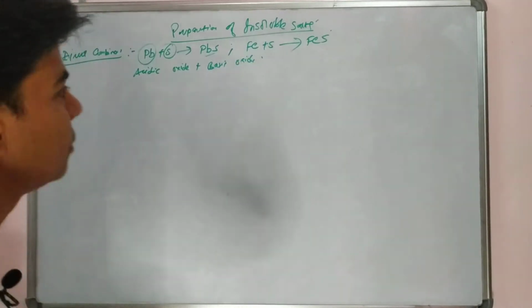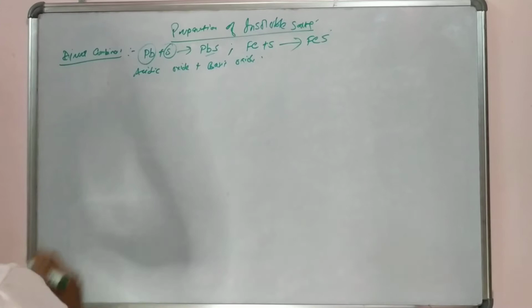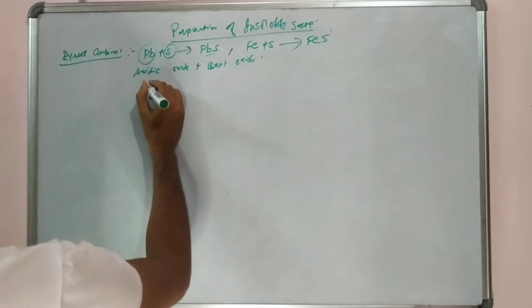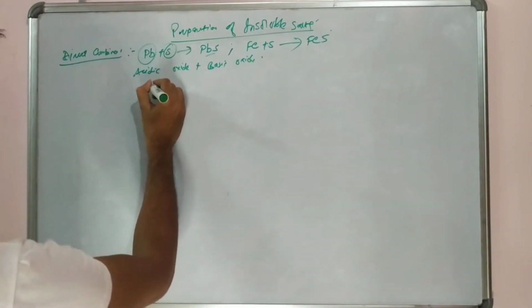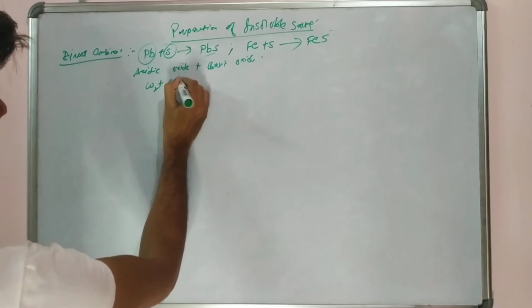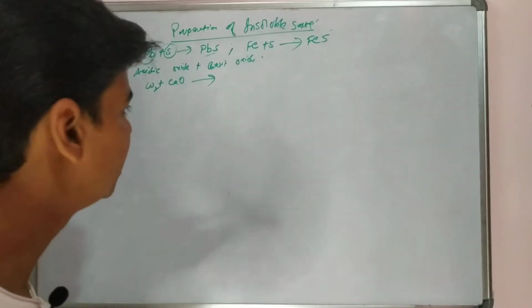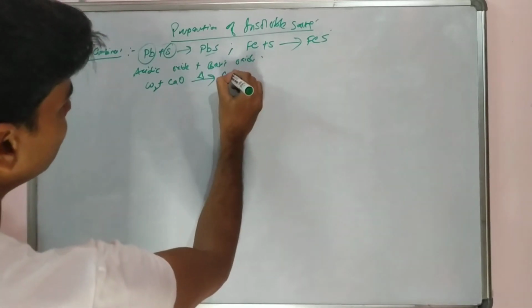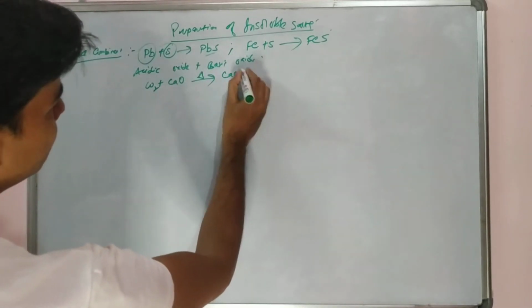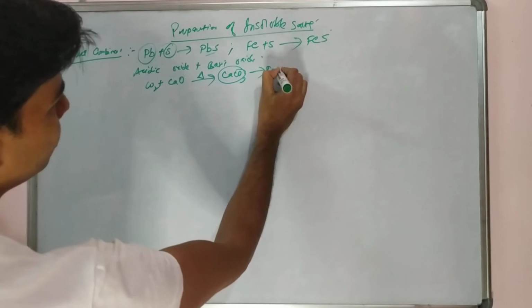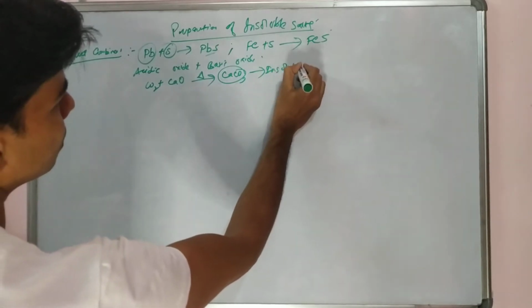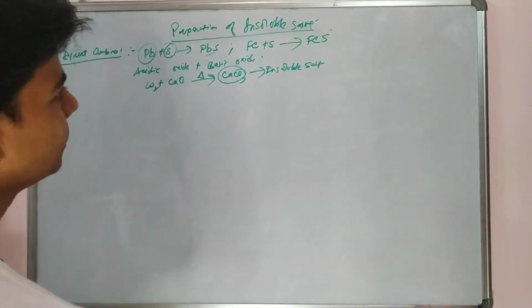Let's take an example of an acidic oxide. We have carbon dioxide. Carbon dioxide plus calcium oxide. When carbon dioxide and calcium oxide are heated together, it will form calcium carbonate, which is an insoluble salt.